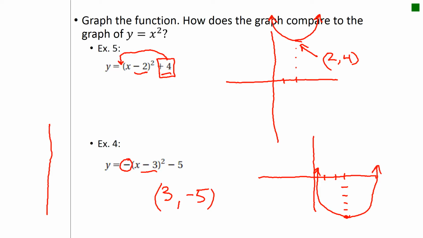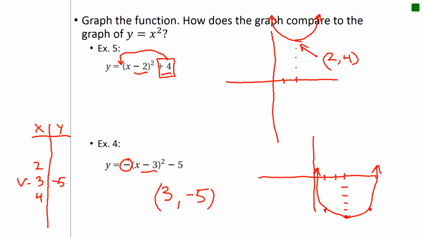And those of you who are familiar with the work we did on stretch factor will notice that although my vertex is 3, and this is -5, when I go +1 or -1 from that vertex, I would expect to get -4 up here, like in my graph. Now remember, this graph is incorrect.